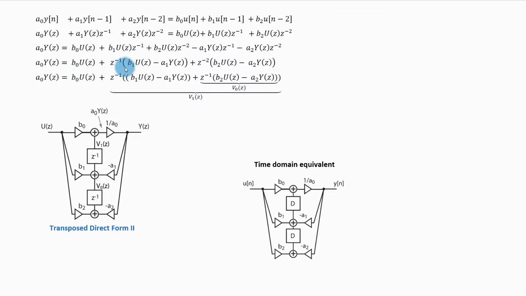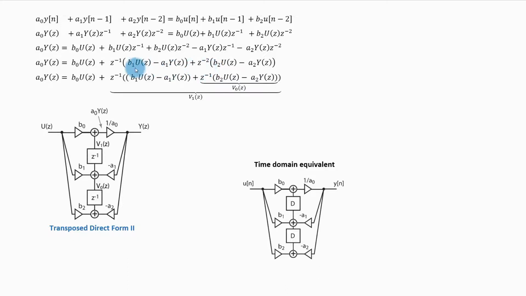Now, on this line, I have collected all the terms that were multiplied by the same power of z. So here I have collected the terms that were multiplied by z to the minus 1, and here I have collected the terms that were multiplied by z to the minus 2.